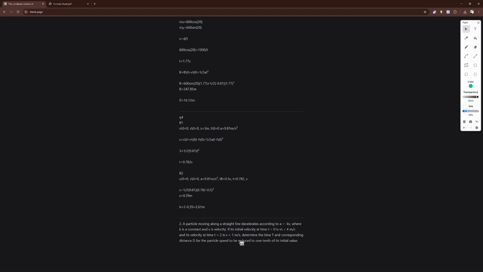K is constant, v is velocity. Initial velocity at time t is v naught equals 4 meters per second, and at time 2 is v equals 1 meter per second. Determine the time T, and corresponding distance d for the particle speed to be reduced to 1/10 of its initial value. So we're looking for Vf is equal to v naught over 10. That's what we're looking for.